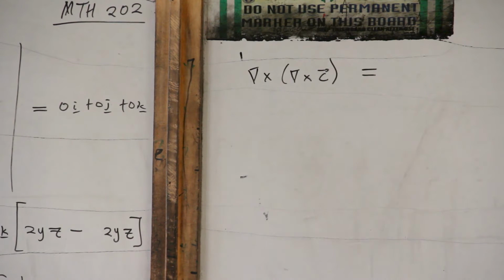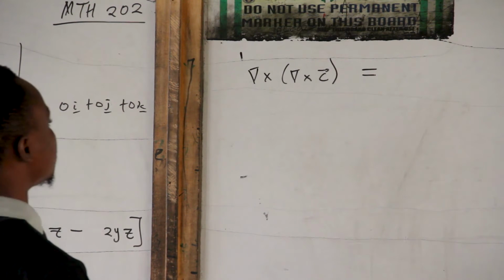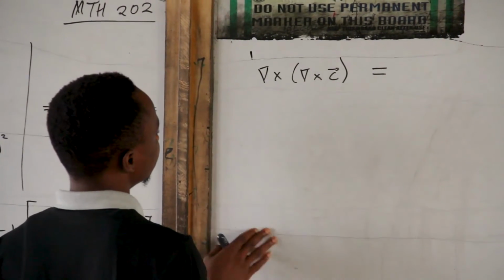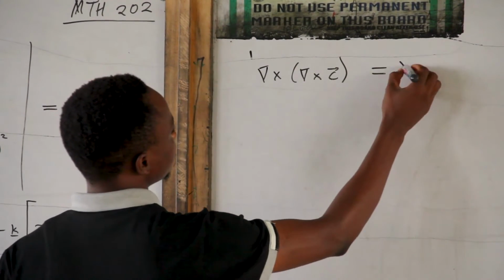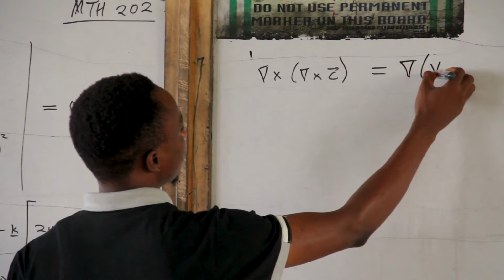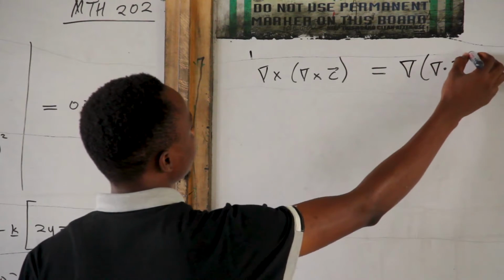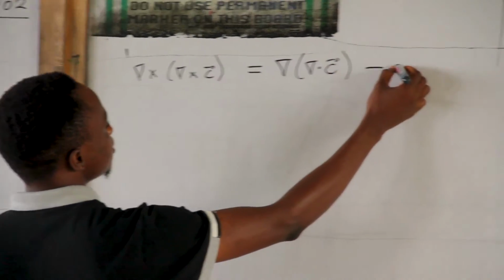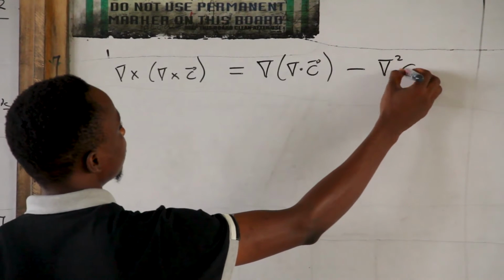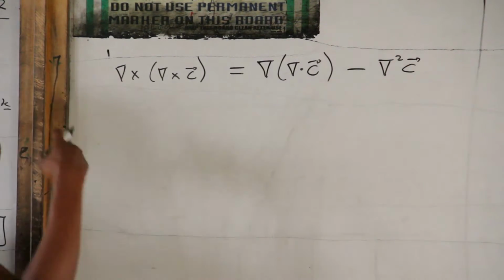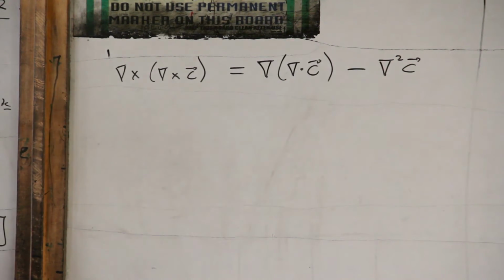What does that give me? You guys, I remember how to do something like this. It's going to be nabla of nabla dot C, I remember this, minus nabla squared of C. Yes. Okay. Grad of div V. We talked about this the other day.